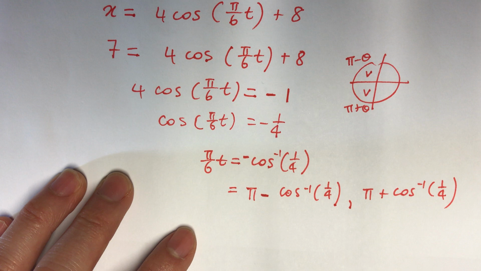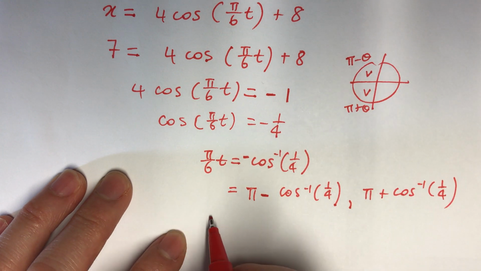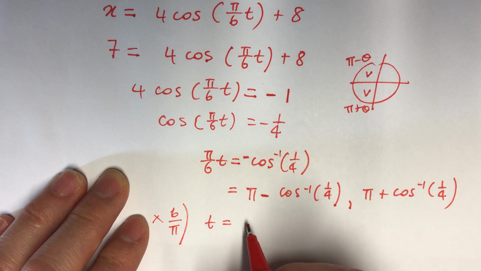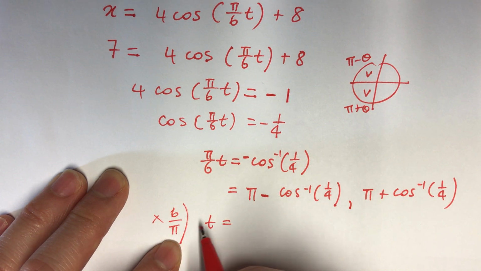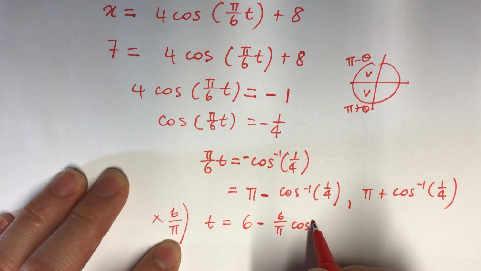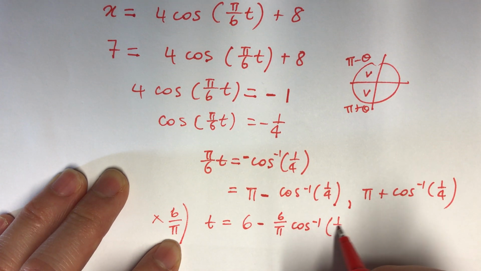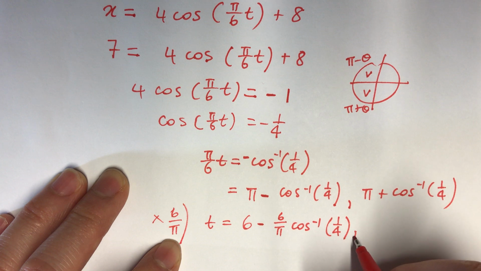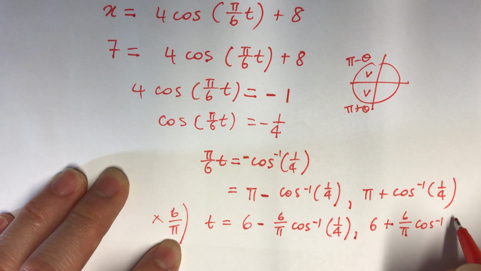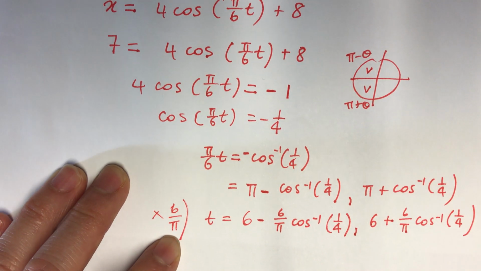And then, therefore, t times 6 over pi. You can just use a calculator. So 6 over pi times (pi minus cos inverse 1 over 4), and 6 over pi times (pi plus cos inverse 1 over 4).